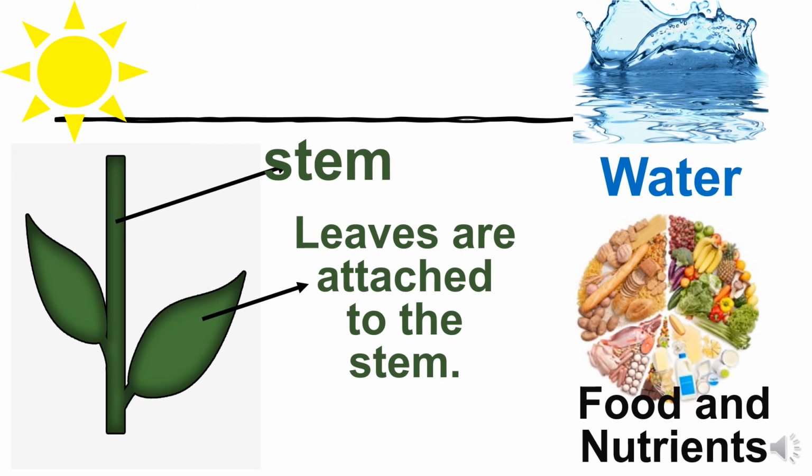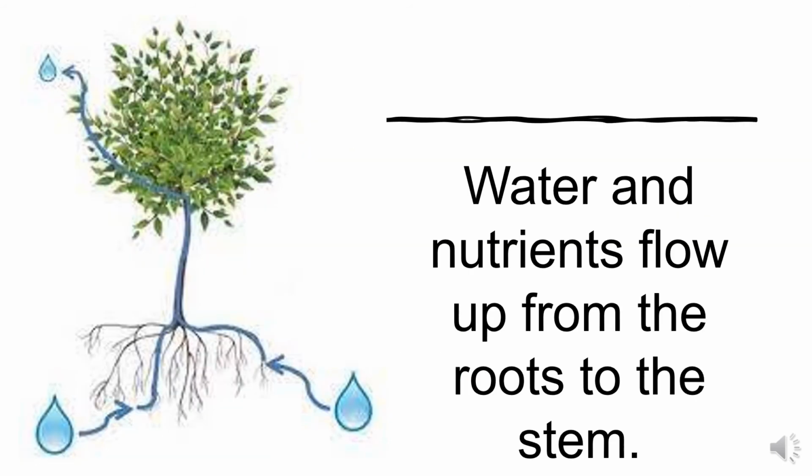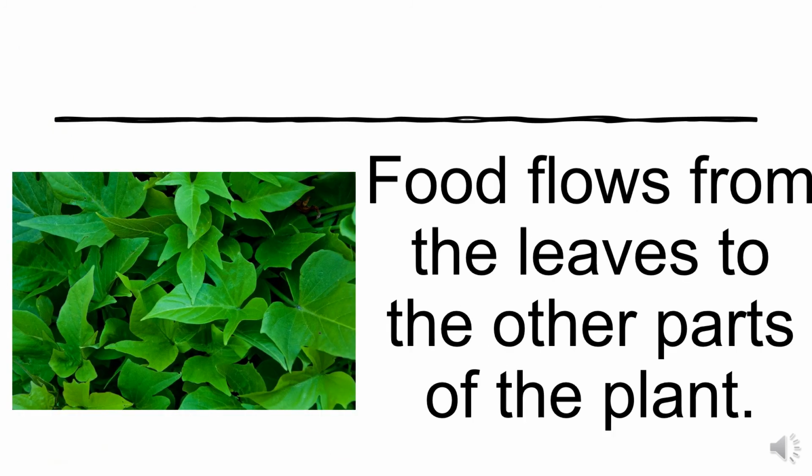Here we have the water, and the stem distributes the water up to the plant. So water and nutrients flow up from the roots to the stem. As I said, the stem's job is to move the water and nutrients up to the plant.